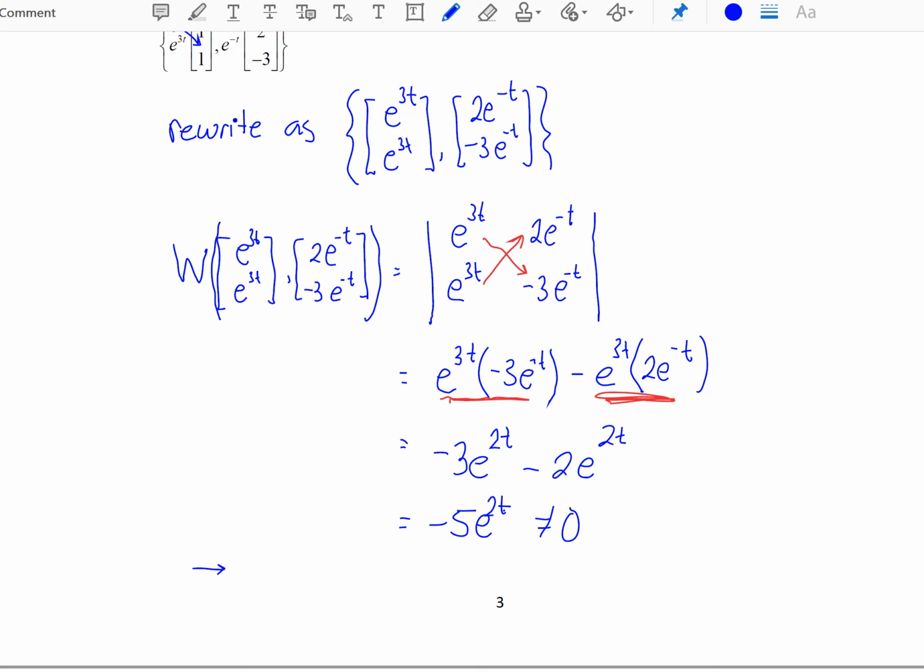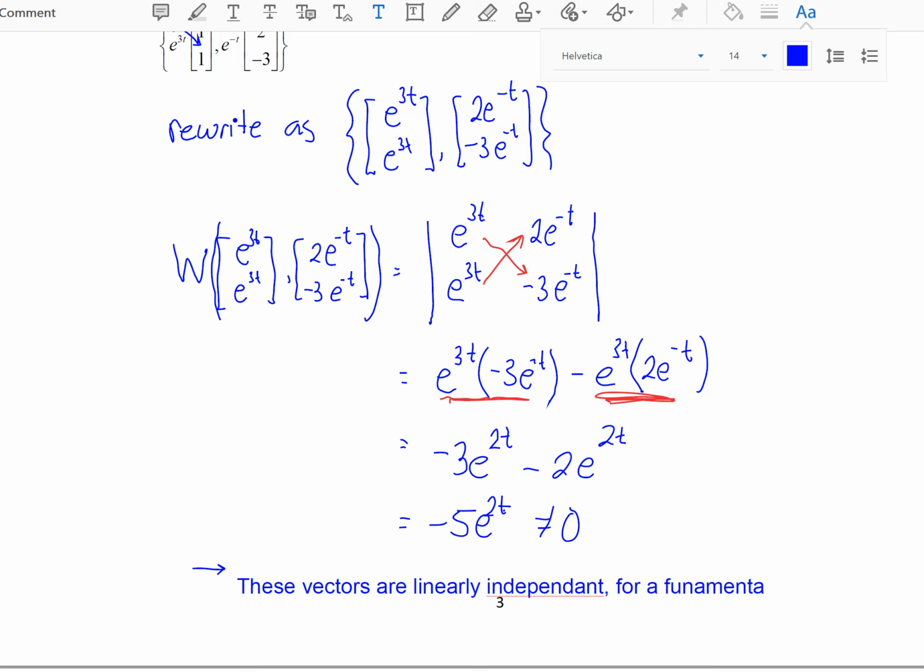Thus we can say these vectors are linearly independent. And sometimes we also say they form a fundamental set.